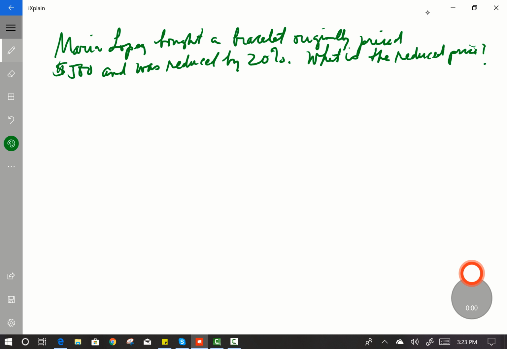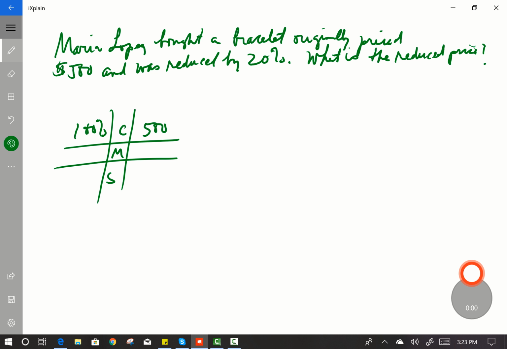Okay, we can do this one again as well. I don't really need to use a CMS on this one, but I'll go ahead and do it. Percent of markdown is going to be based on cost. And the item was originally $500. And then we are going to reduce it 20%. So I'm going to make the rate 80%, and then I'm going to solve for the part.